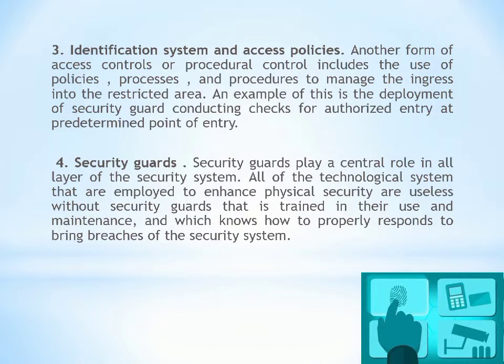In this method, they include the use of policies, process, or procedures sa pag-manage in a restricted area. Tulad na lang sa mga halimbawa na isa sa mga gampanin ng mga security guard personnel ay ang mag-conduct for checking unauthorized entry at the predetermined point of entry or entrance ng isang establishmento or company.